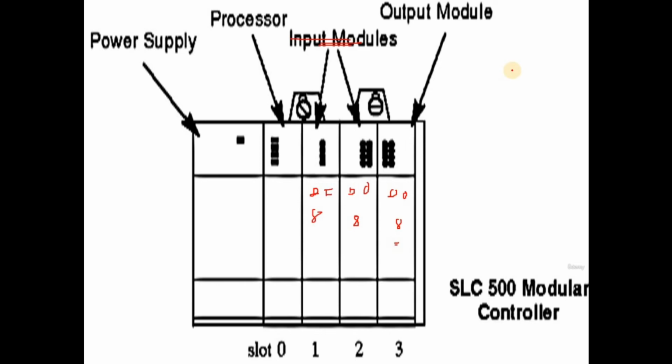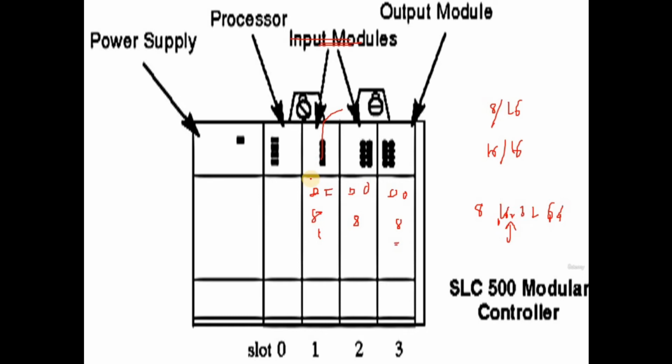For example, if instead of 8 inputs you require 16 inputs and 16 outputs, you have to replace this card, because input cards are available with 8 inputs, 16 inputs, 32 inputs, 64 inputs. Our selection will be the 16 input card, so we just remove this card and insert the new one.